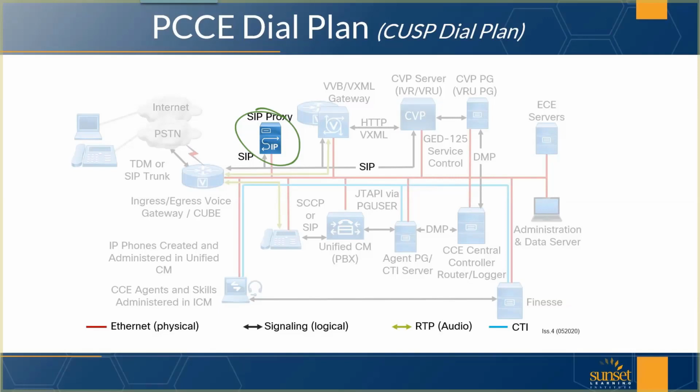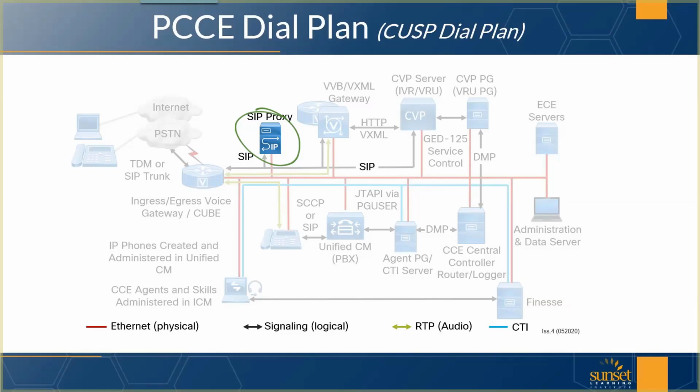SIP is a peer-to-peer protocol, so for devices to communicate with one another, they need to know the addresses of all of their peers. Now, in a large network, that can be a fairly complex network addressing table, whereas if you've got SIP proxy, that task is taken over on behalf of those devices, and therefore that SIP family of products on the network need only know where SIP proxy is, and SIP proxy knows where everyone else is.